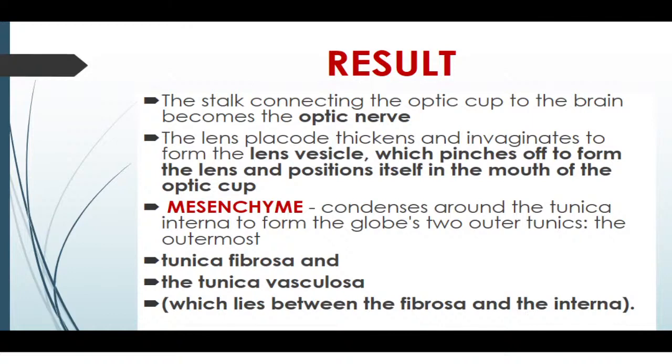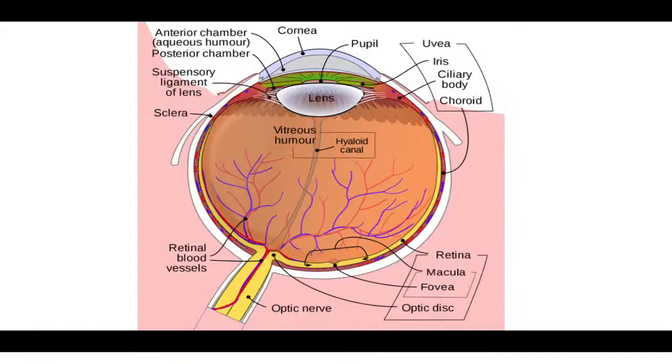Mesenchyme. The mesenchyme condenses around the tunica interna to form the globe's two outer tunics, the outermost tunica fibrosa and innermost tunica vasculosa, which lies between the fibrosa and interna.